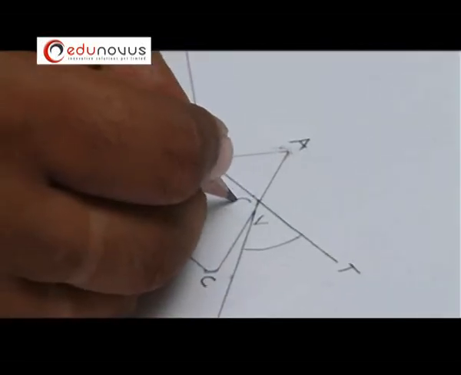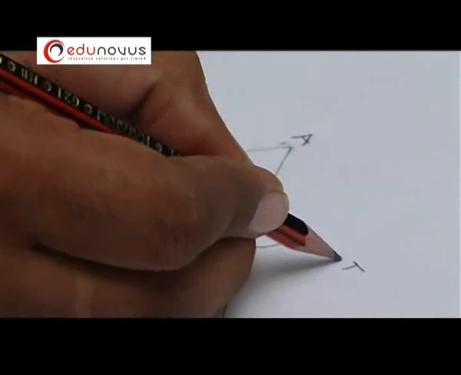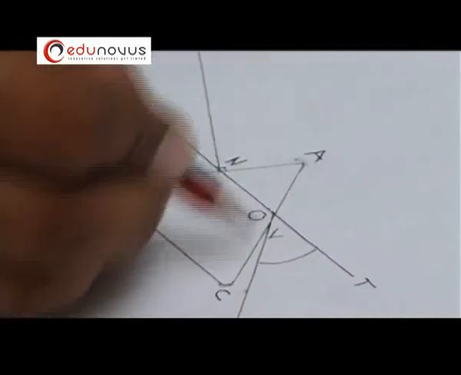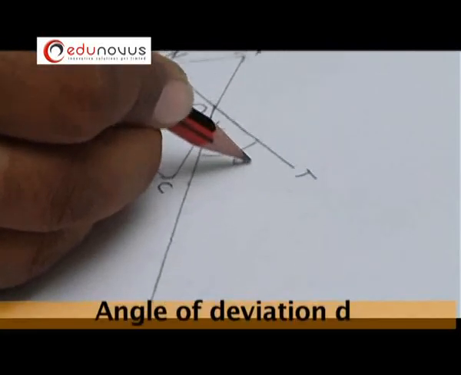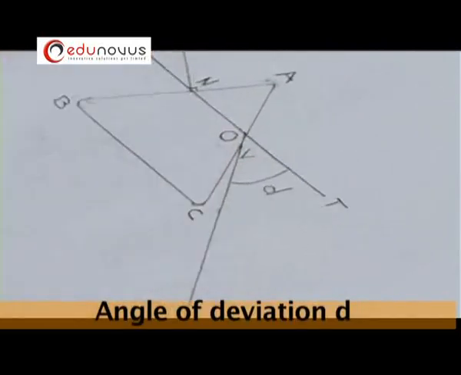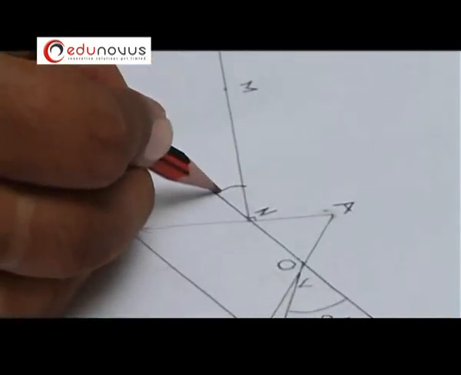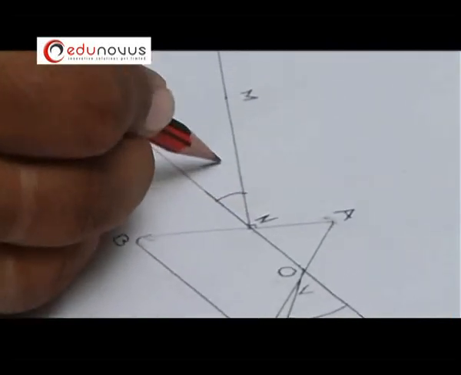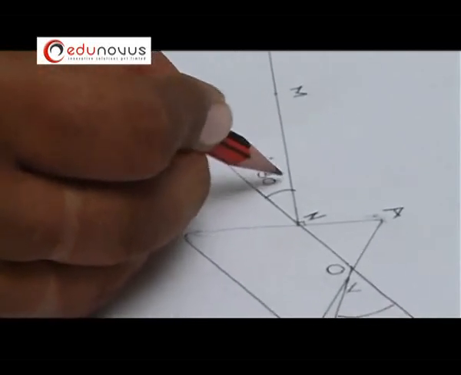Consider O as the meeting point. The angle between T, O, S is the angle of deviation D, and the angle between MN and PQ is the angle of incidence. We took here, it is equal to 30 degrees.